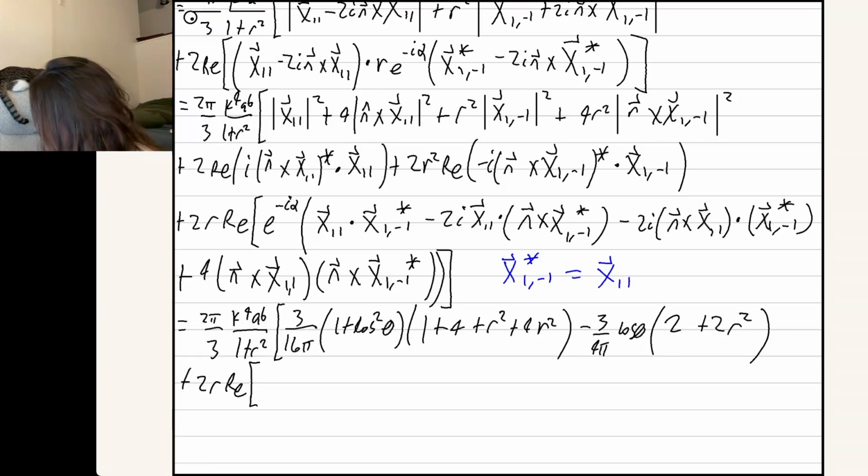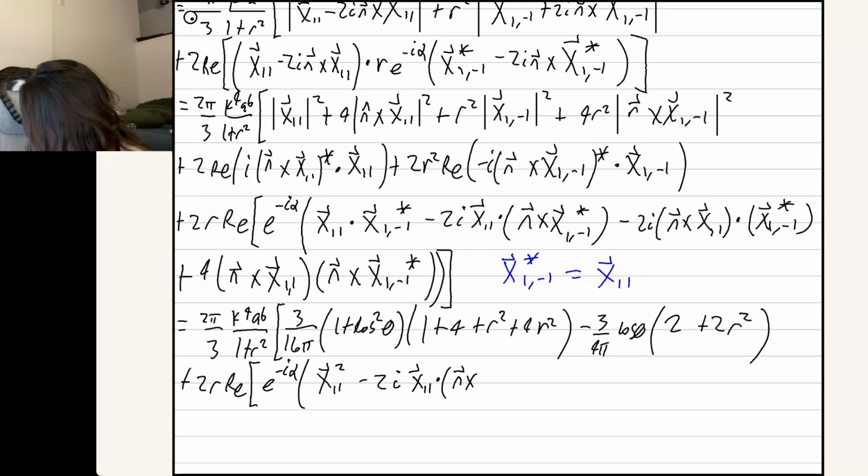So I got e to the minus I alpha, and now you just have x11 squared minus 2I x11 dot n cross x11 minus 2I n cross x11 dot x11.